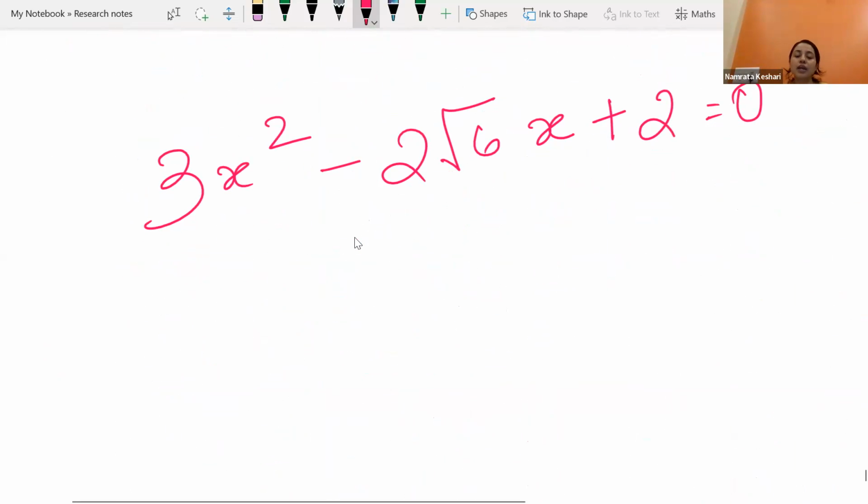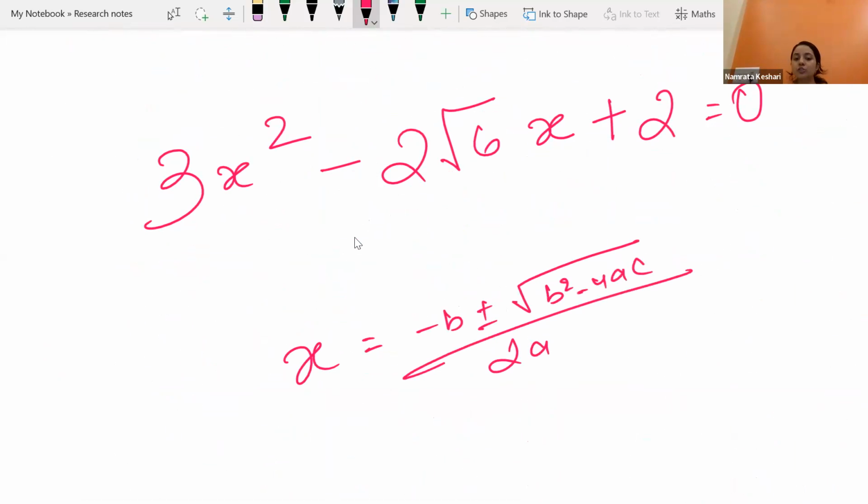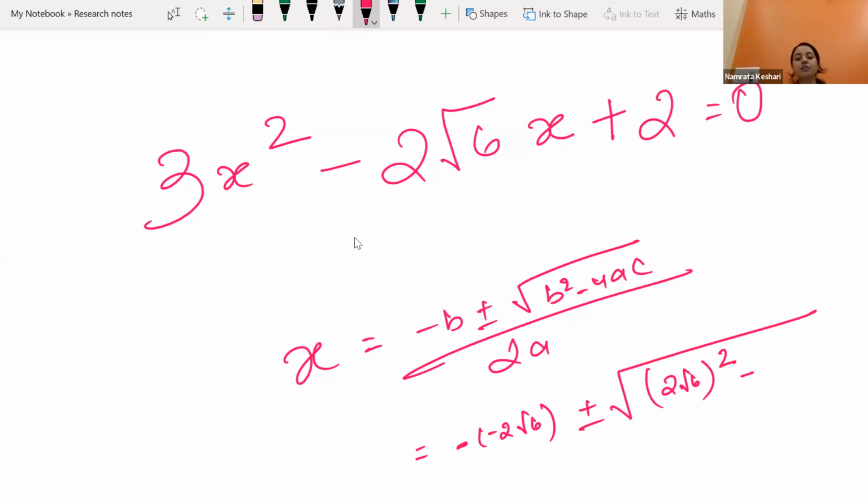Okay. So x is equal to minus b. The formula we are going to use: minus b plus minus under root b square minus 4ac, by 2a. This formula will directly give us the roots. Let's use this formula. Minus b, so minus of minus 2 root 6, plus minus under root b square, that is 2 root 6 whole square, minus 4 into a into c, by 2 into a.